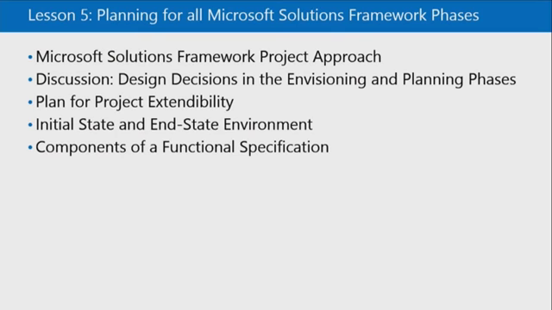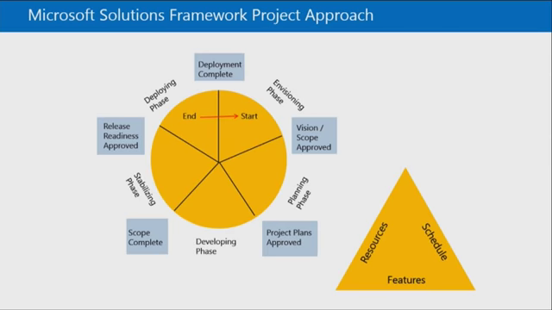So this is really talking about the MSF, the Microsoft Solution Framework, and this gets a little more into the nitty-gritty of how we operate those envision, plan, stabilize, build, deploy, operate phases. And it gets into this idea that there's this triangle, right?